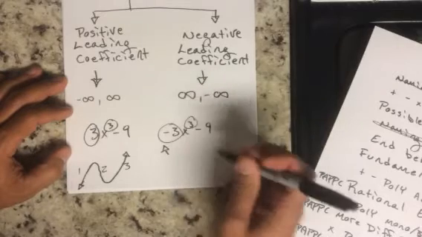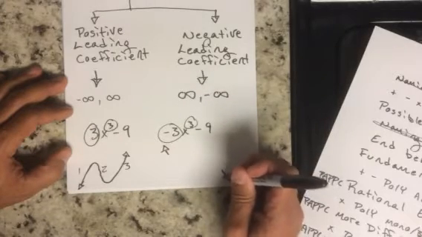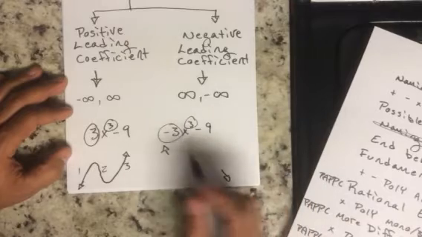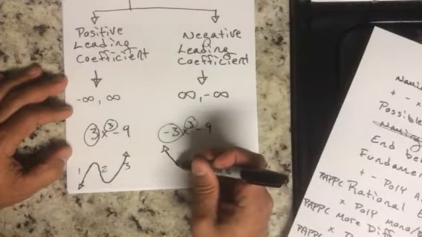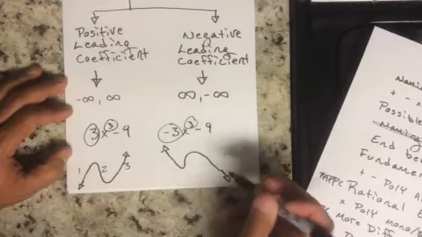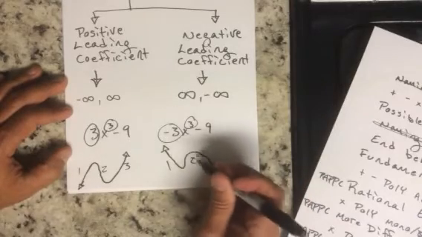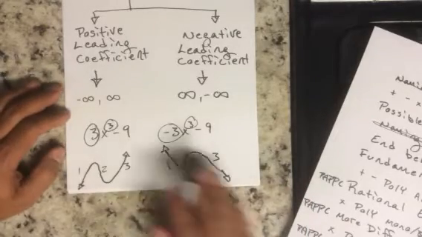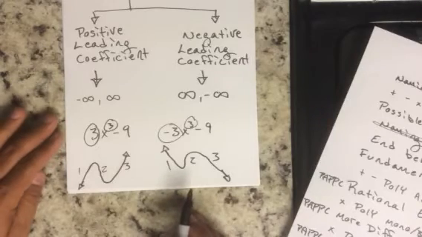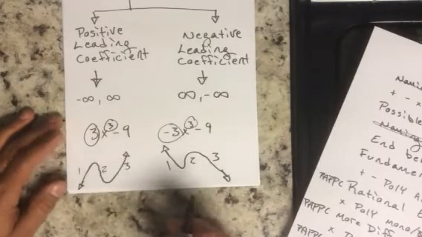So it's going to go from infinity to negative infinity. Again, it has an exponent of 3, so it's going to go 3 different directions. How exactly it looks is not important. The important thing is how many different directions it goes in.